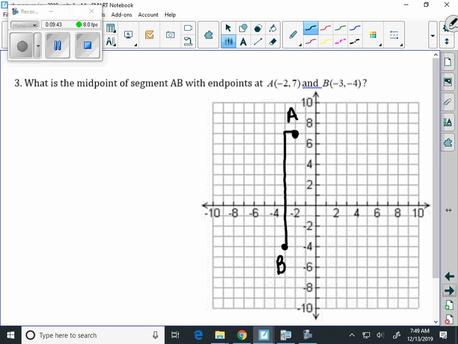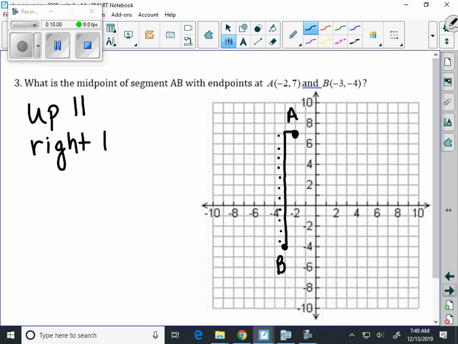Because what we're looking at here is to get from B to A, we went up. 1, 2, 3, 4, 5, 6, 7, 8, 9, 10, 11. We went up 11, and then we went right 1.